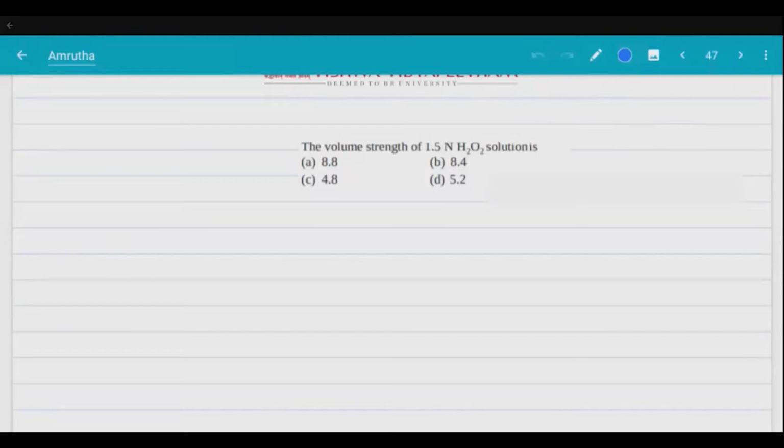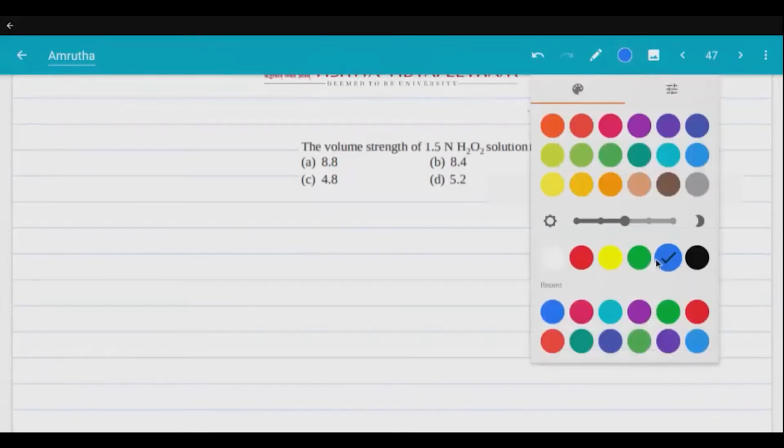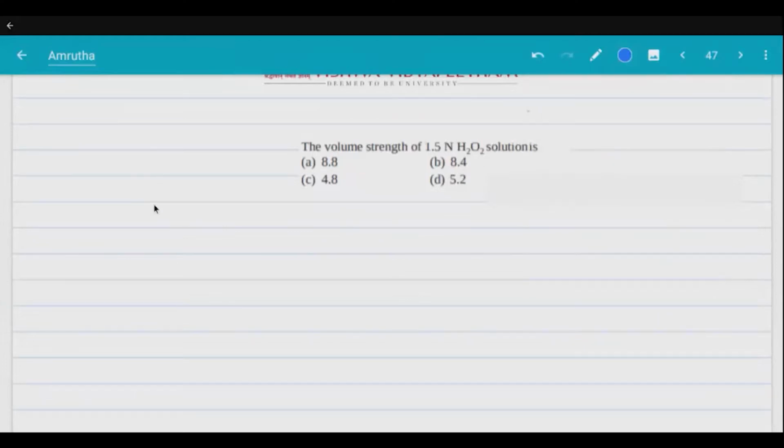We'll start with this question today. The question is about the volume strength of 1.5 normal H2O2. Where do we use H2O2?